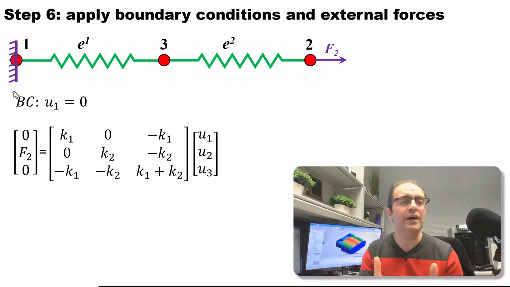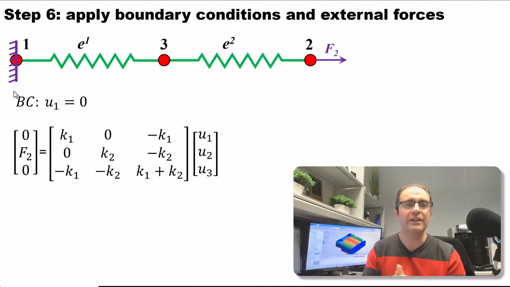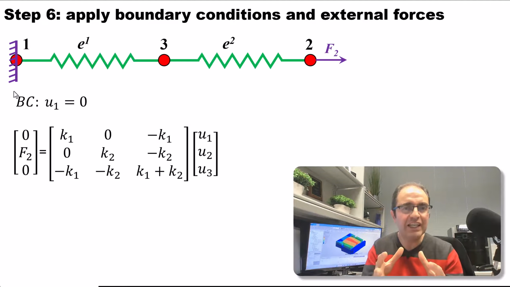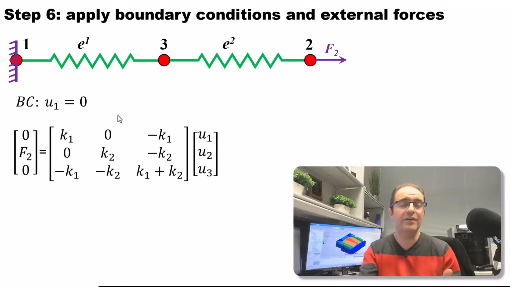How can we apply the boundary condition to our characteristic formula? We have already edited the left hand side. Now we want to do something on the right hand side. If u1 equal to 0 is considered as one equation, how can we change this matrix so that it can recreate this equation? It turns out that it's a very easy way to do it.